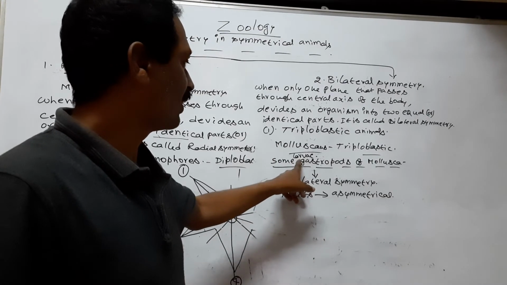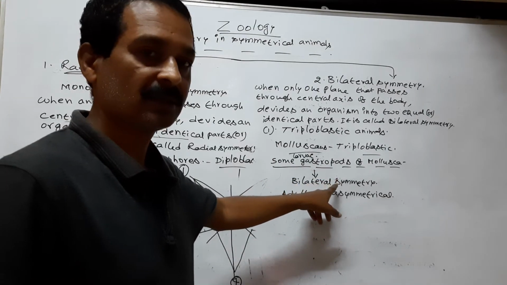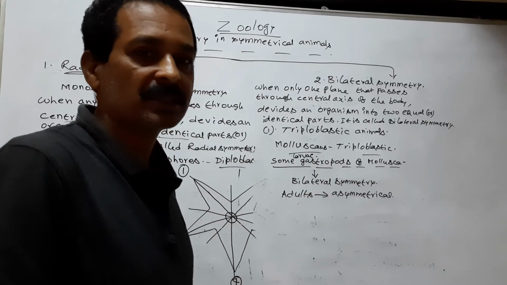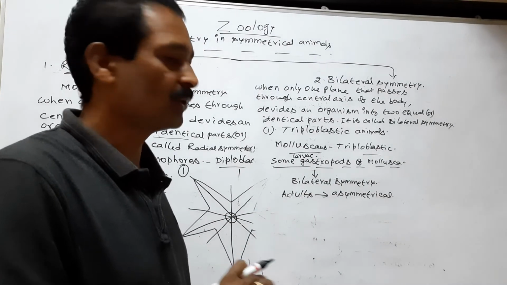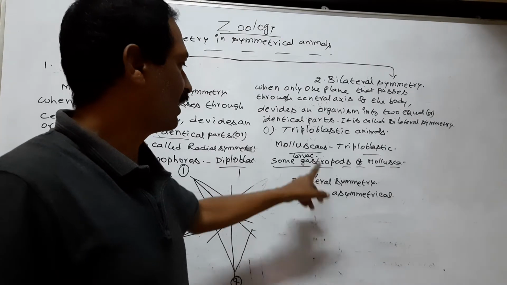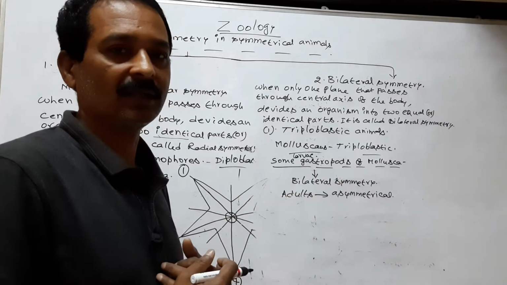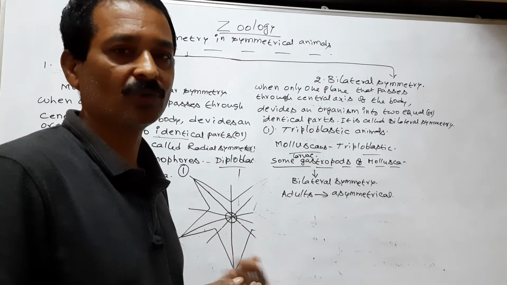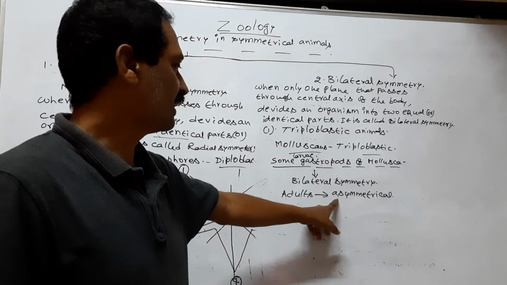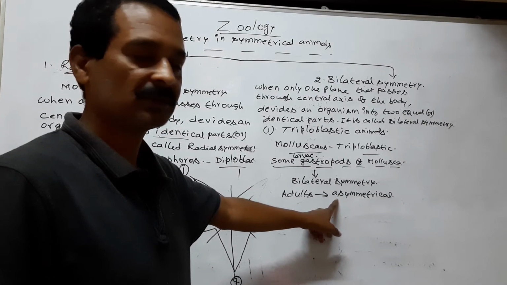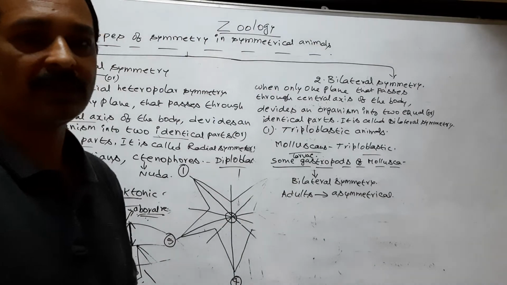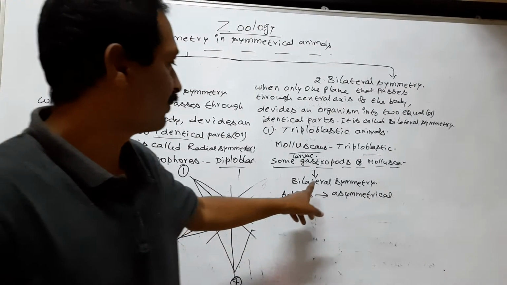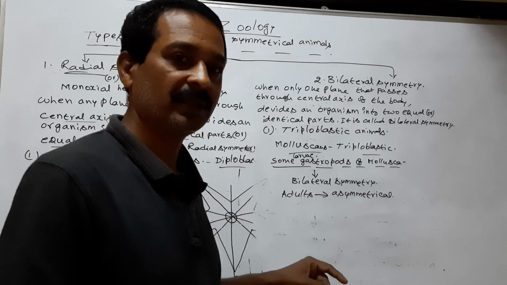Later, these larvae develop into adults. They lose bilateral symmetry, so their adults are asymmetrical. A means no, so symmetry is lost. Those are asymmetrical. Why do the larvae exhibit bilateral symmetry while their adults are asymmetrical?